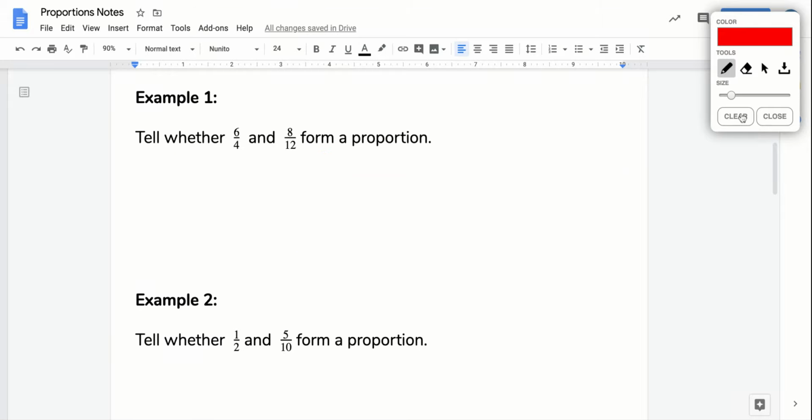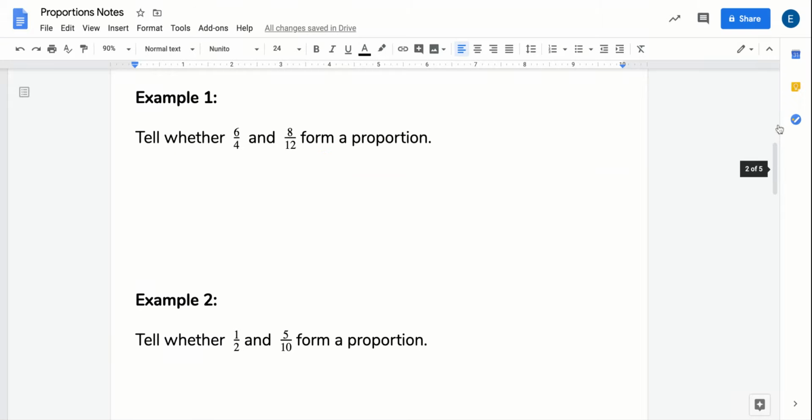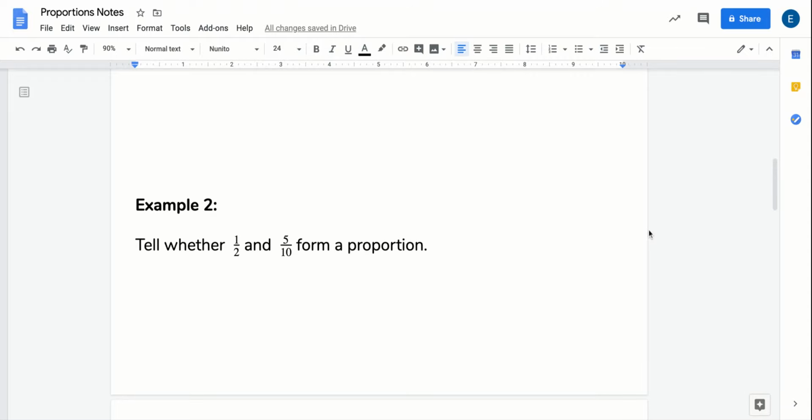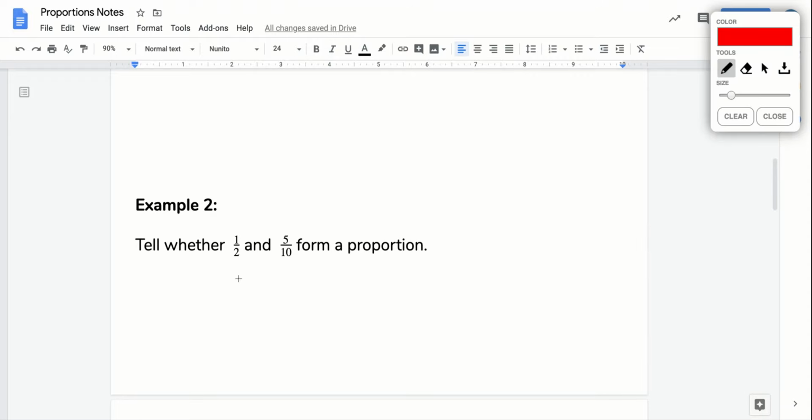Let's take a look at another one. Example 2. I have 1/2 and 5/10. So again, I'm going to do the same thing. I'm going to write my proportion. 1/2 equals 5/10. Going to cross multiply. Draw my little butterflies.